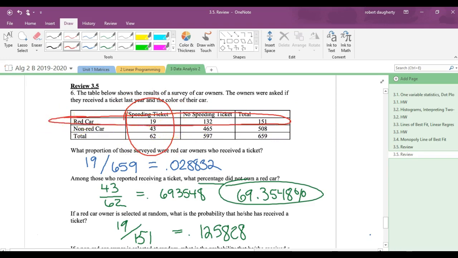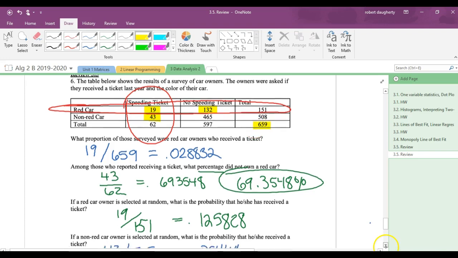So if you look at it, what is going on here? It looks like I've got an overlap here of the number 19. Individually, it would be this element, and this element, okay? So I could add all of those up. Those would be all the individual things that could be, I got a red car or I got a speeding ticket. So all of that divided by my total population.